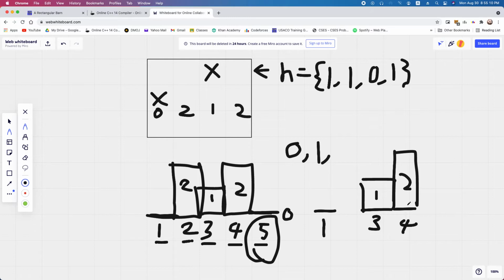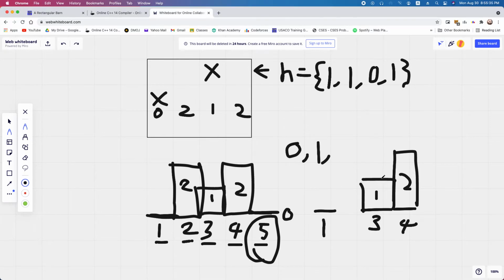So now what we're looking at is this value. But since we're starting here at this 5, we know that whatever is in between 4 and 5 must be greater than 1 because our stack was increasing. So only the indexes that are inside this current stack should be greater than 1 because it's increasing in this order.